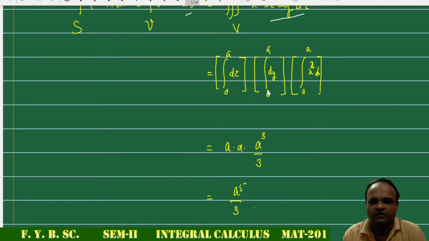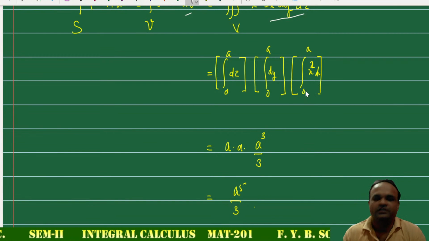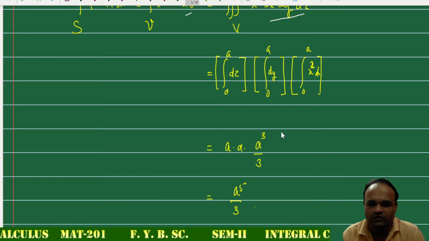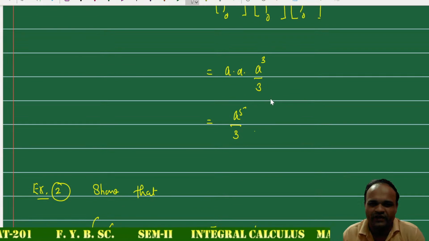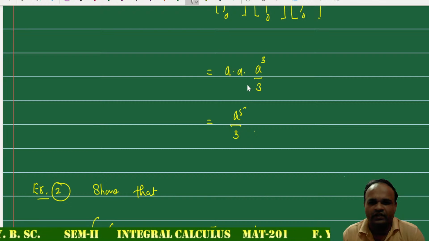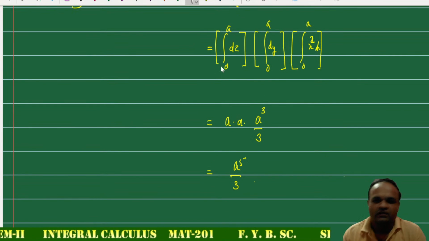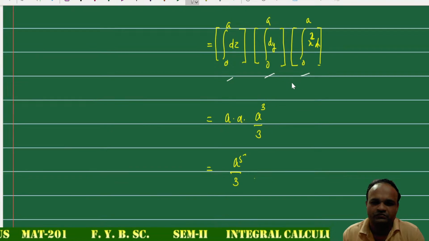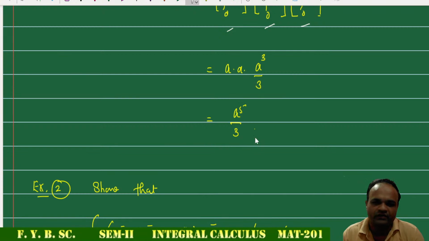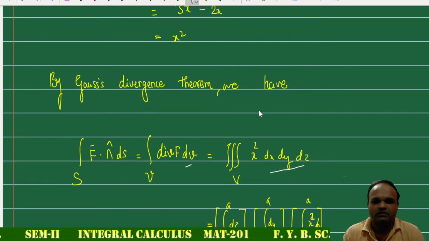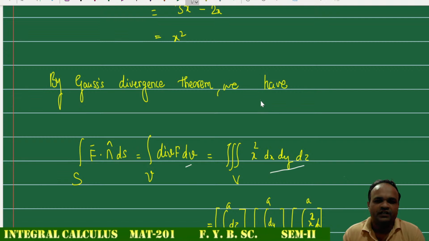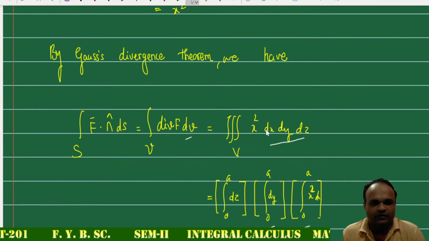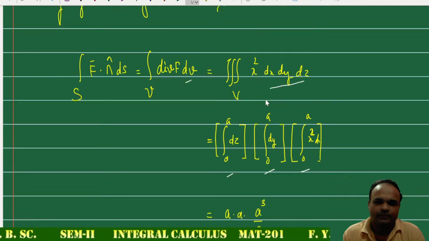First we find the integral with respect to x of x square, which is x cube upon 3, and after putting limits, the first integral will be a cube upon 3, the second integral will be a, and the third integral will be a. So the resulting value of this integral will be a raised to 5 divided by 3. This will be the value of the surface integral. But to find the surface integral, we found the volume integral, that is the triple integral, using the Gauss divergence theorem. So this is the first example.